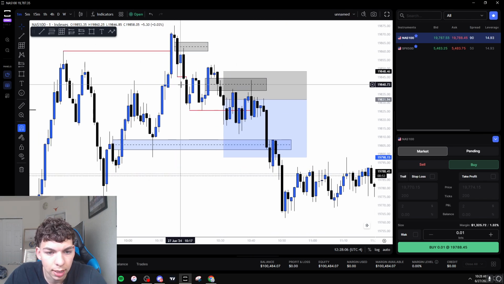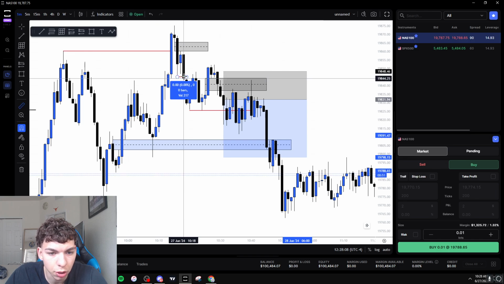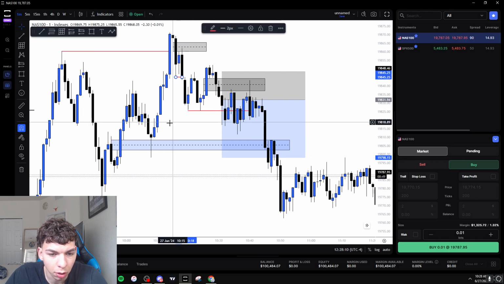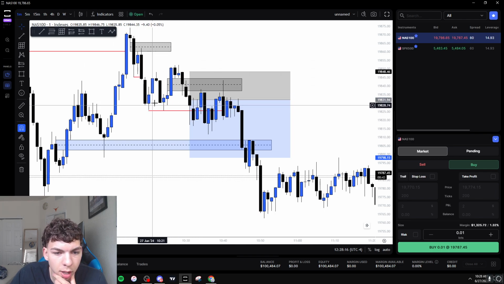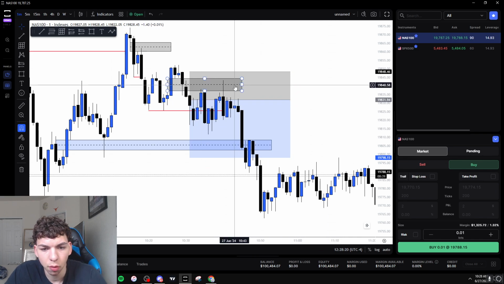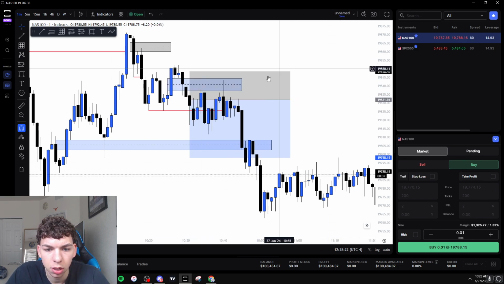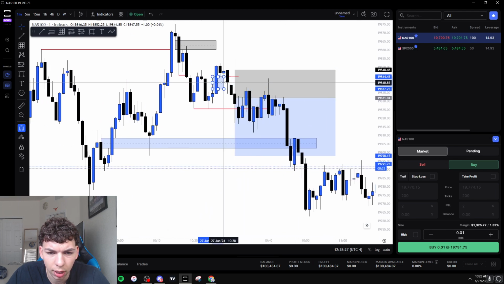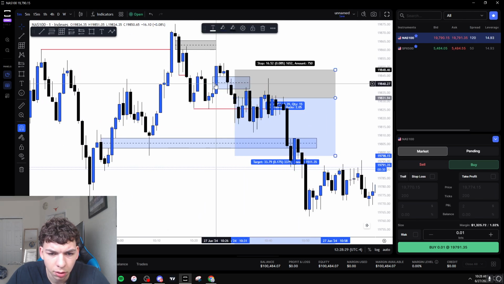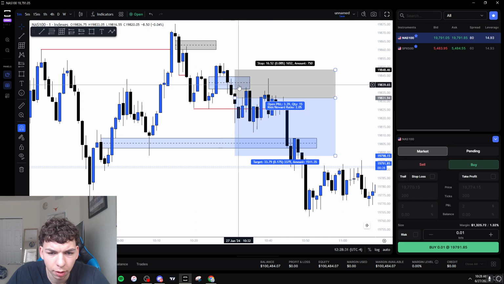So I see this happen. We get the break of structure on the 1-minute, and then we go lower, and I'm wondering if I missed an entry, but I'm just waiting. We consolidate right here, and eventually we form this bullish fair value gap right here that'll drag across.